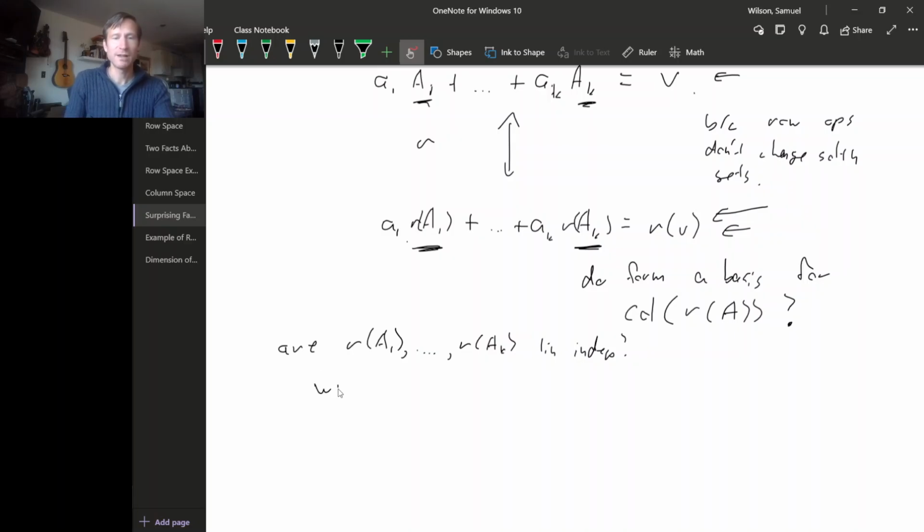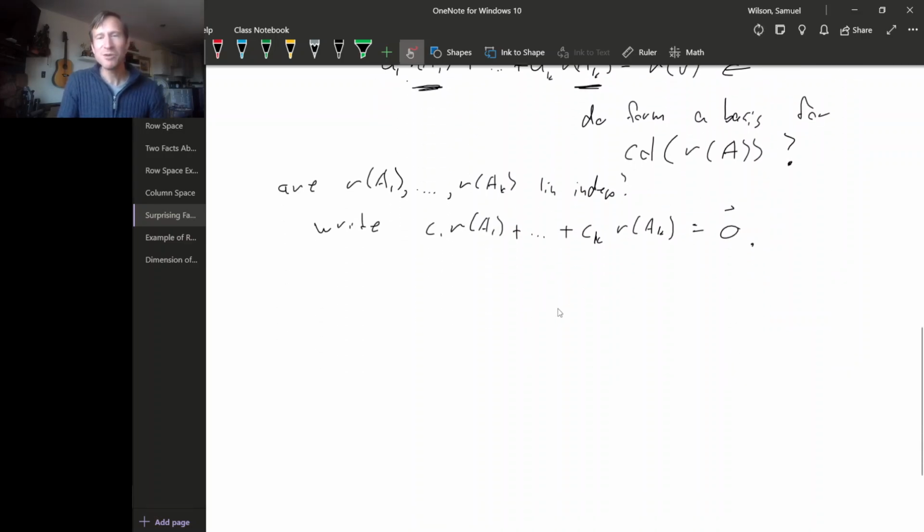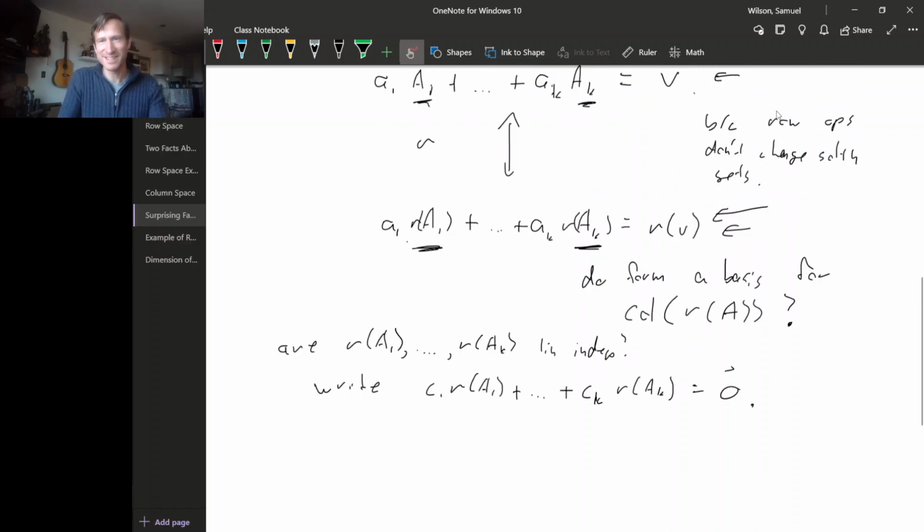Let's write a linear dependence relationship, maybe c1 RA1 plus dot dot dot plus ck RAK equals 0. Now, we know that if we do a row operation, this equation will still be true, right? That's what this up here says. If you have a linear relationship like this, and you do a row operation, that linear relationship either is still true or is not still true. These two are either true together or false together.